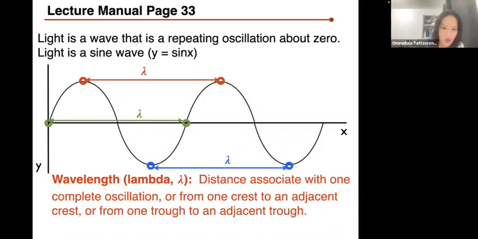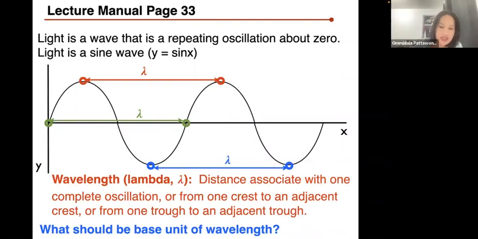Any of those is how you can figure out the wavelength. Because the wavelength describes a distance, the base unit of wavelength is the meter. You can also put a prefix in front of this base unit, for example, nanometer, micrometer, and so on.